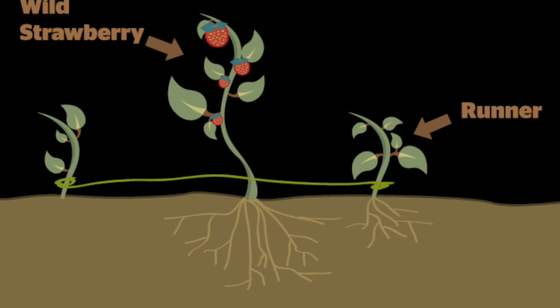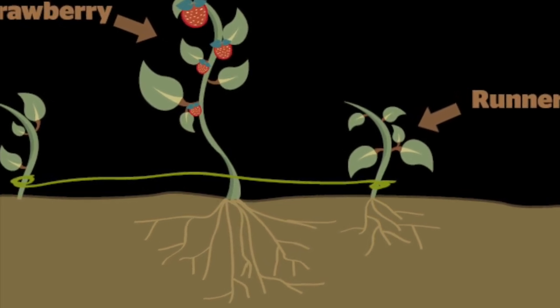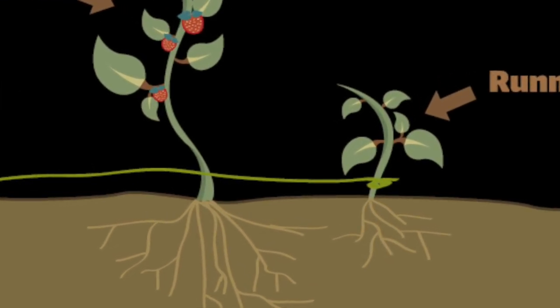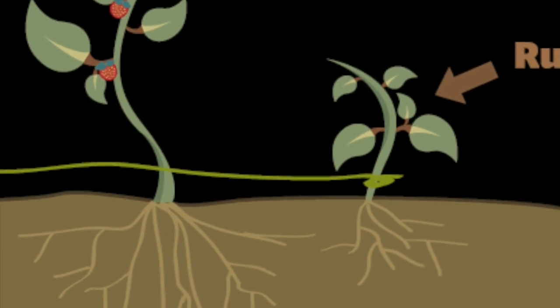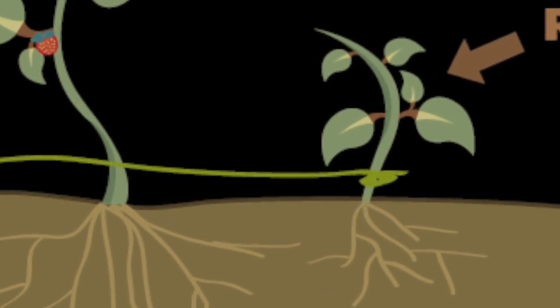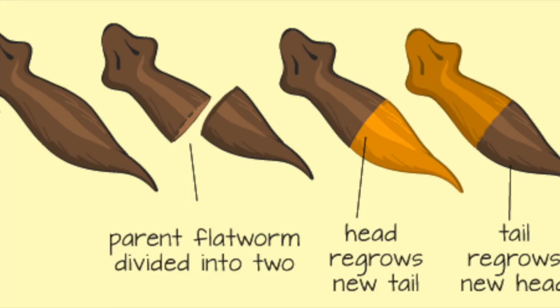I want to share with you some ways that organisms reproduce asexually. For example, the strawberry may reproduce through runners. The donkey ear plant at the back of the room has little tiny plants growing on its leaf. They grow right on the leaf and then they fall off and become new plants.